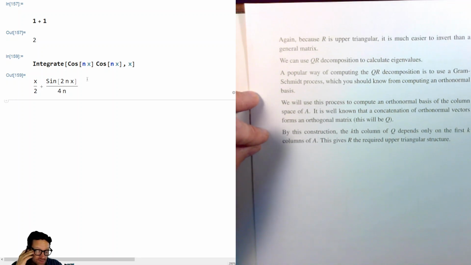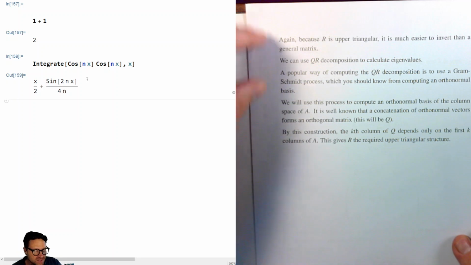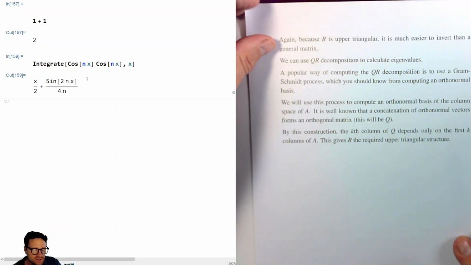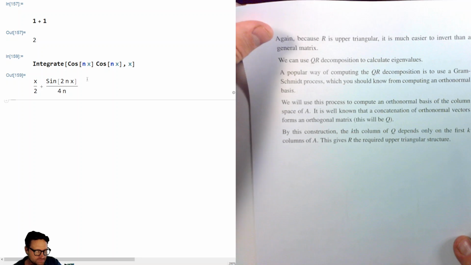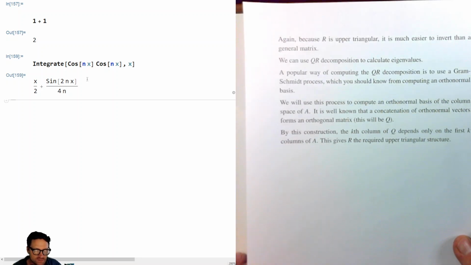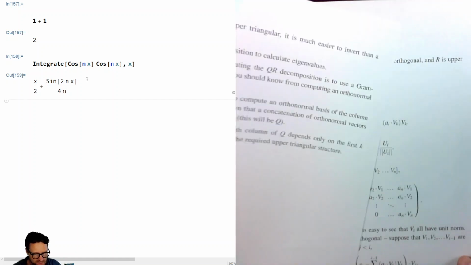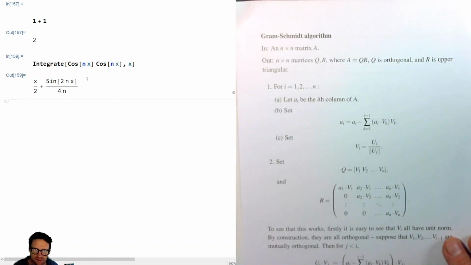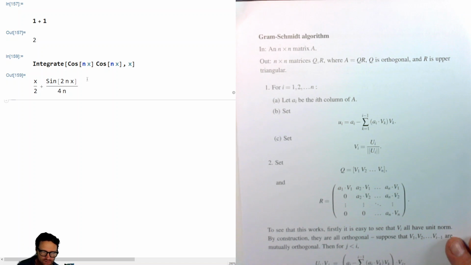So this will be our Q. By this construction, the kth column of Q depends only on the first k columns of A. This gives R the required upper triangular structure. But we'll see this right here in the description of the algorithm.